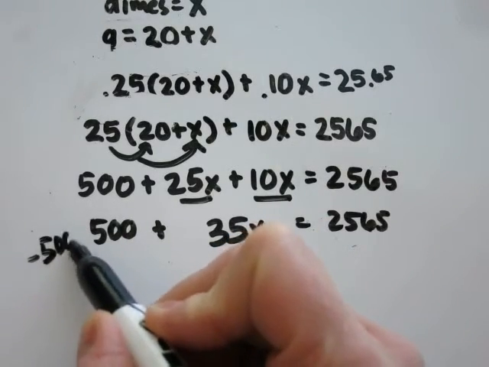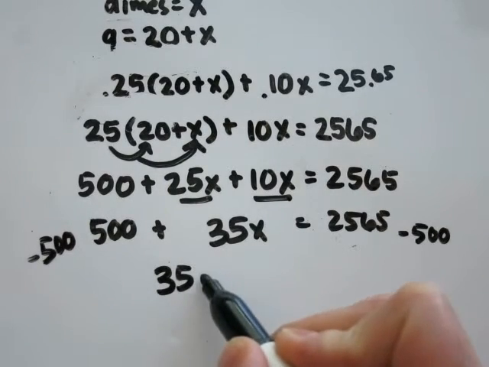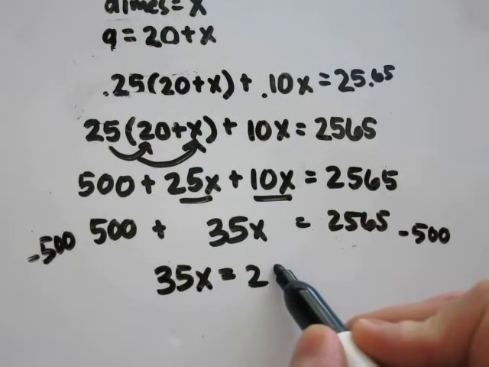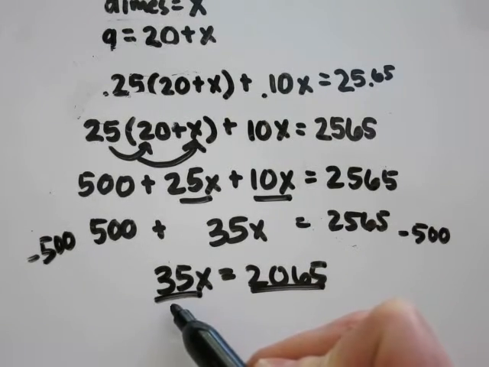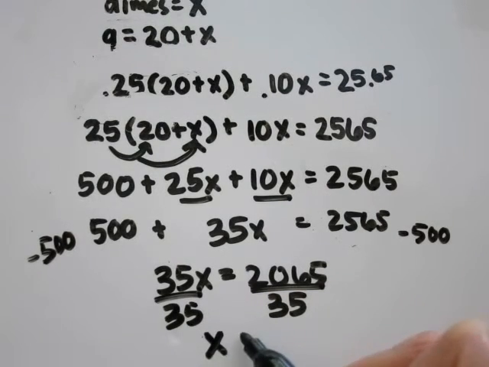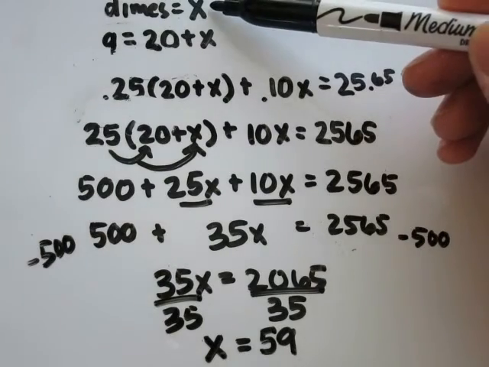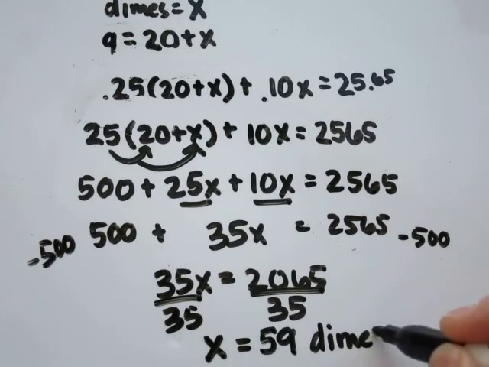I'm going to subtract 500 from each side. 2,565 minus 500 is 2,065. Divide each side by 35. X equals, and up here we said X is the number of dimes, so we have 59 dimes in the piggy bank.